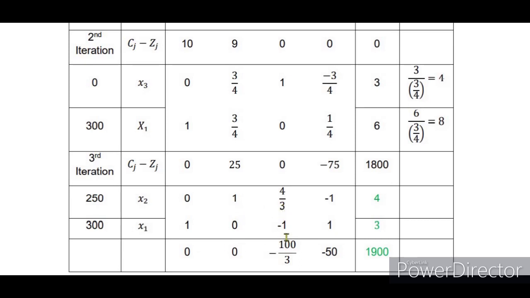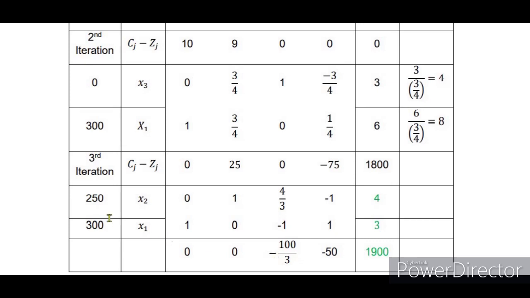So 1000 over 3 minus negative 300, the answer is 100 over 3. Now, the value of the numerical coefficient under this column, the value in the objective function, is 0. Okay, so we will subtract 100 over 3 from 0. So 0 minus 100 over 3 is equal to negative 100 over 3.